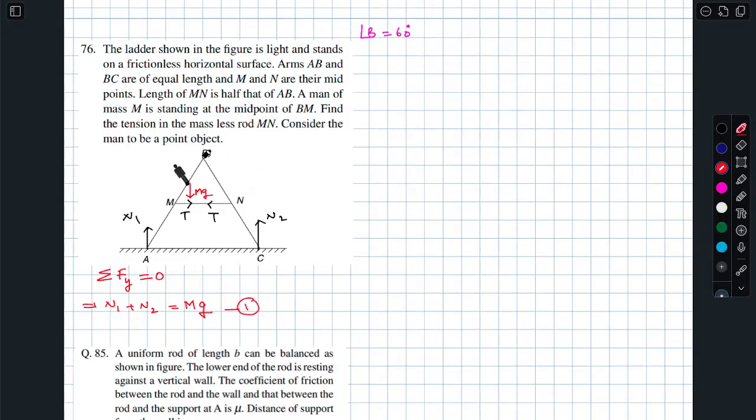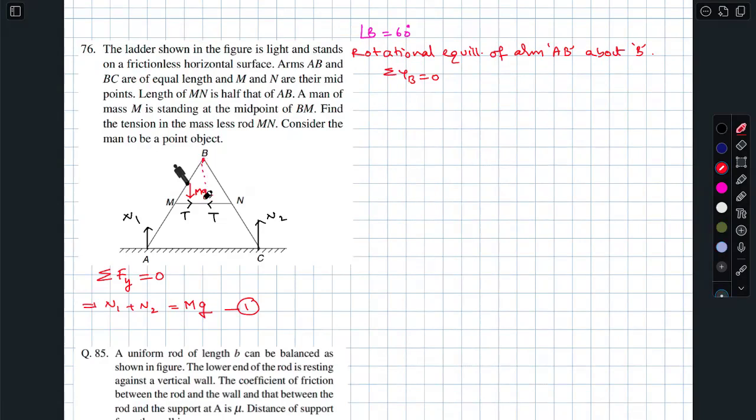Next, I'll choose point B. Now we will choose rotational equilibrium of arm AB about B. Sigma tau B is 0, only for that.